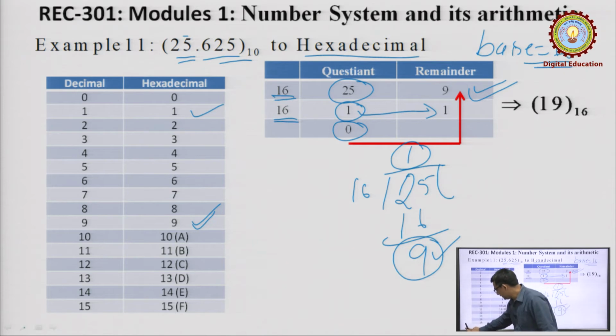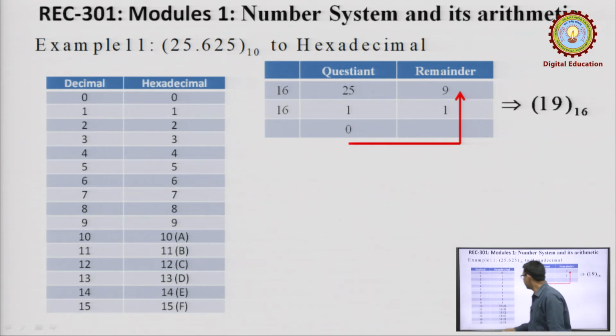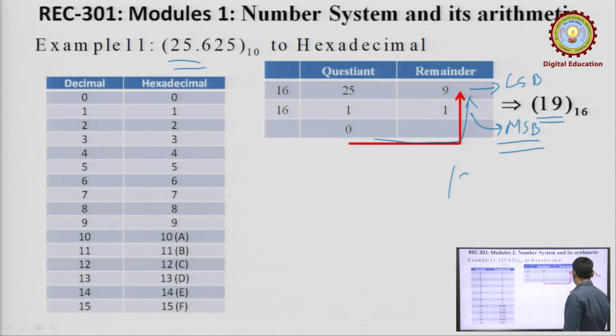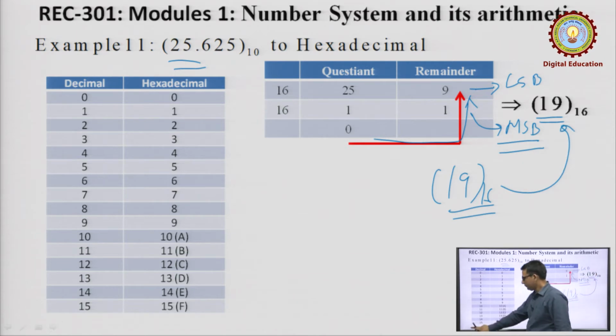As I have already discussed, for the integer part we follow this arrow: this first remainder is the LSB, and the last digit is the MSB. So we get 19, and the base is 16.